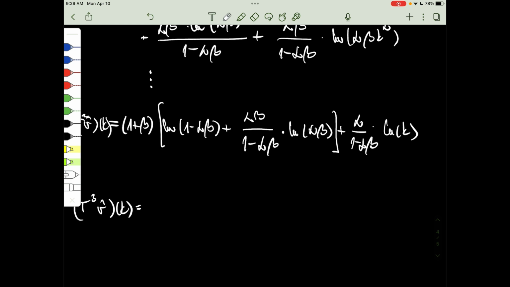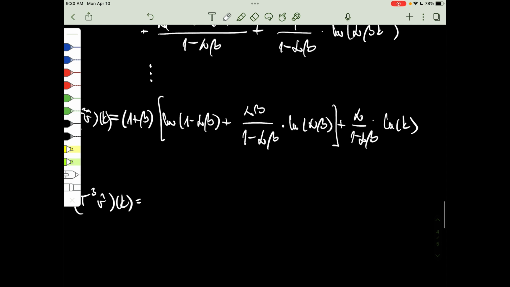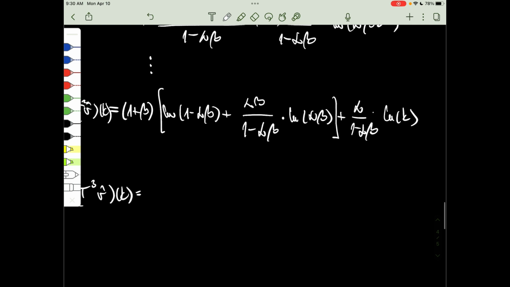We have the same policy. And as a result, let me skip the steps.